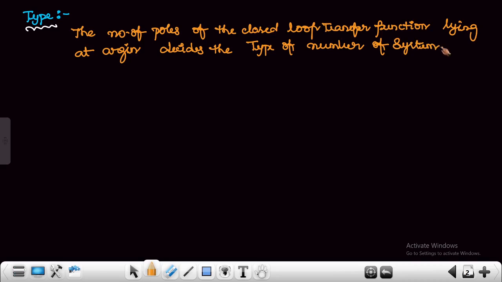So whenever you take the number of poles at the origin, it is going to define the type number of the system.